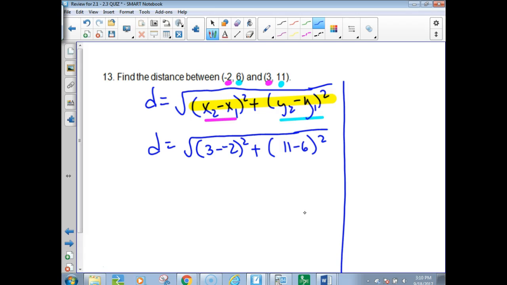If you have another teacher telling you to subtract them the other way, it's okay. But you're going to get a lot of negatives on this one.